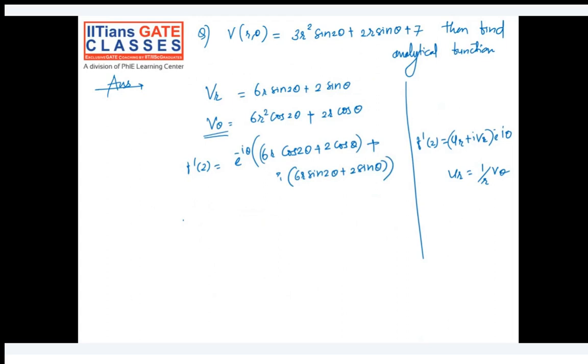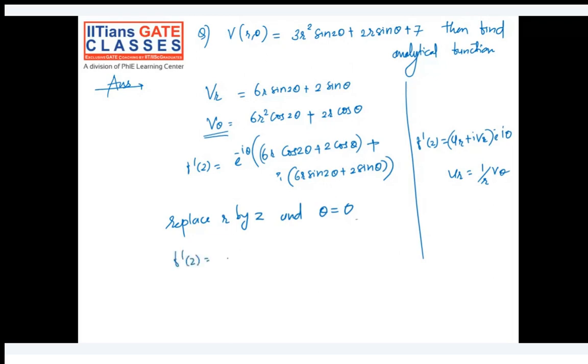And the next step is replace r by z and keep theta equal to 0. Okay, in case of Cartesian, replace x by z and put y equal to 0. But in case of polar form, replace r by z and put theta equal to 0. So how will f dash of z look like? If you put theta equal to 0, e to the power 0 means 1.